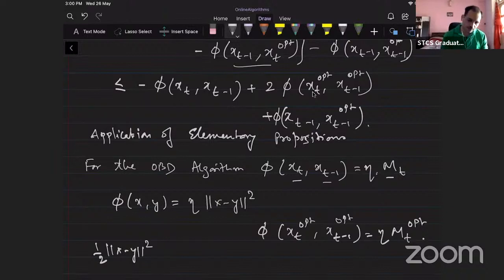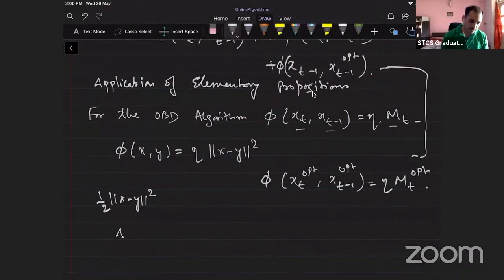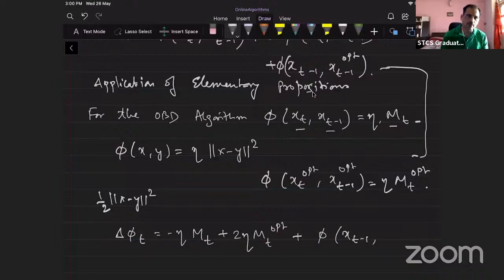Okay, so now using this and this back over here, what do we get? That delta phi of t is minus eta MT plus 2 eta MT opt, and plus phi of XT minus 1 comma XT minus 1. So we are almost done now.